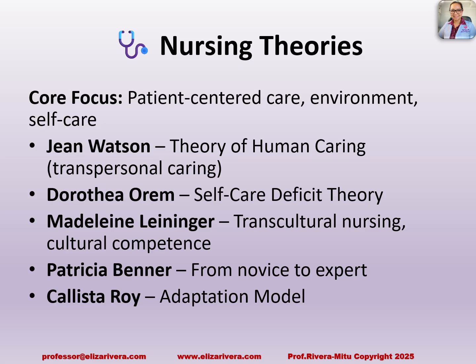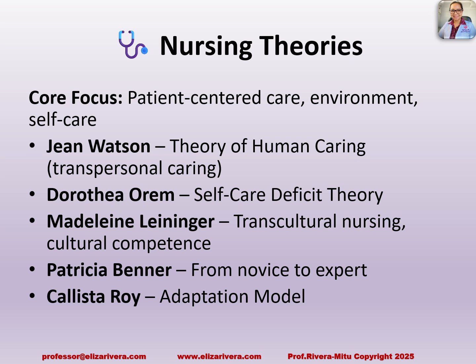On to nursing theories. These theories integrate nursing practice with holistic care models. Watson emphasizes caring science, which is about transpersonal care and the nurse-client relationship. Orem is about self-care deficit theory, where the clients need support for self-care.